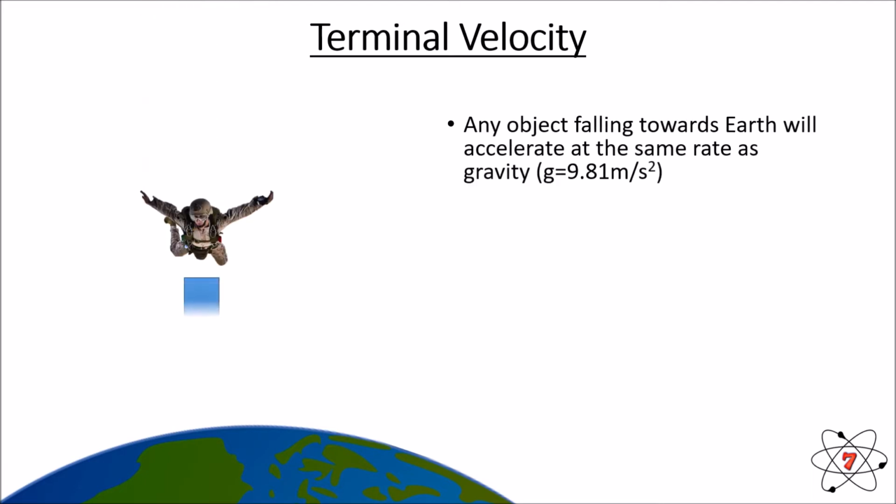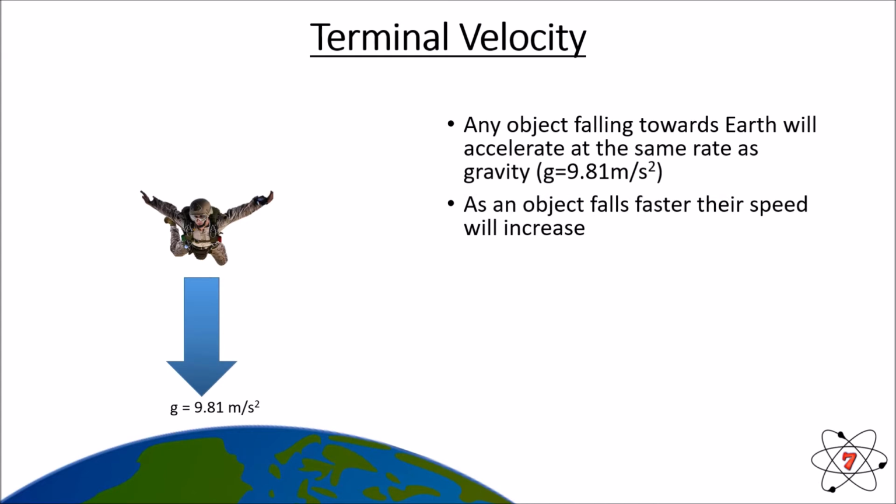Terminal essentially means final. So we already know that any object falling towards the Earth is going to accelerate at the same rate as gravity. It's going to accelerate at 9.81 meters per second squared. Also, just so you're aware, sometimes we round this up to be 10 meters per second squared, and that's fine as well. Now, as the object falls faster, their speed is going to increase, and their speed will continue to increase.